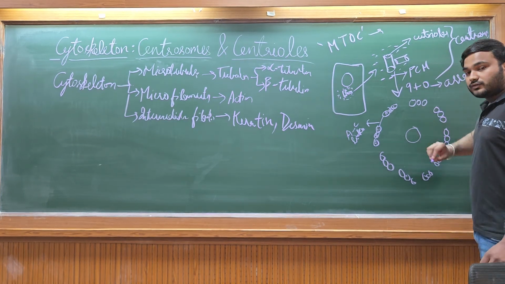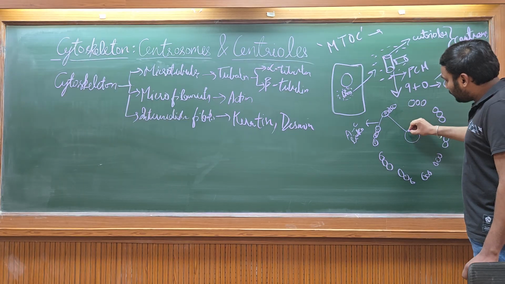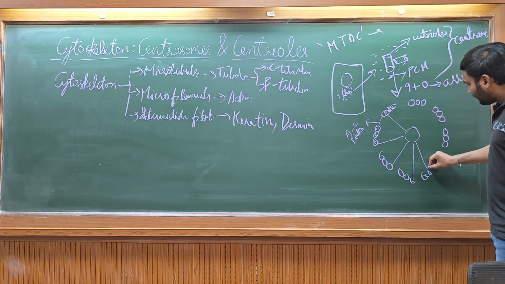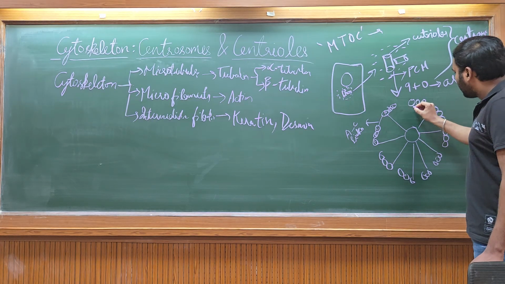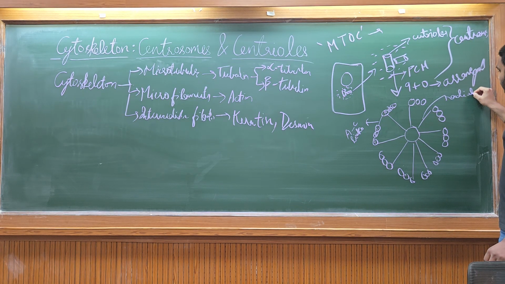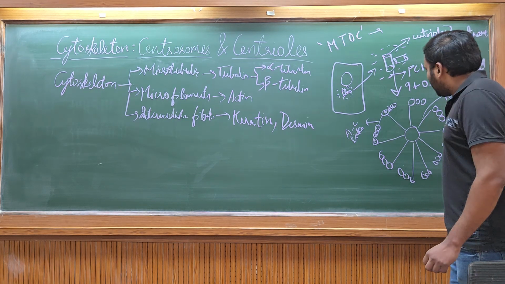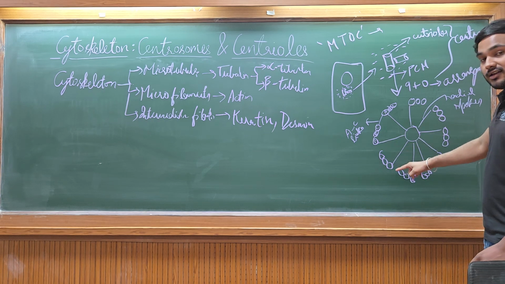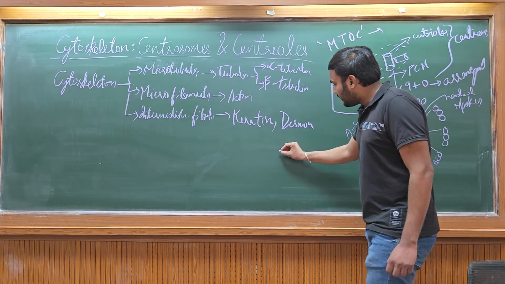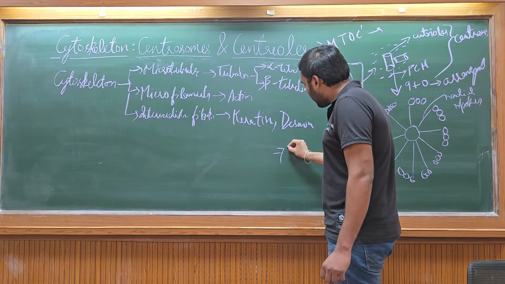These peripheral triplets are connected to the central hub through radial spokes. This structure looks like a cartwheel, so it is also called a cartwheel structure.